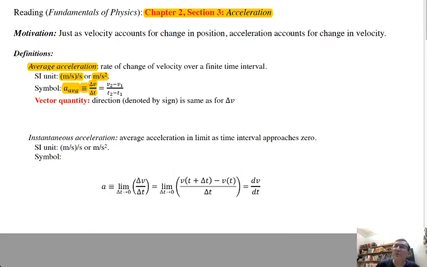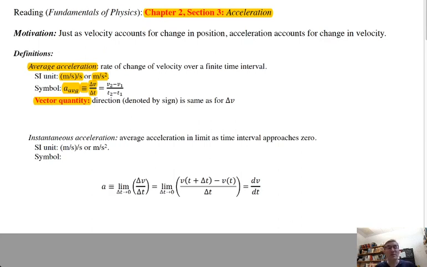So the numerator V2 minus V1 is the change in the velocity, and the denominator T2 minus T1 is the change in time. Average acceleration, like average velocity, is a vector quantity, which means it has a magnitude and a direction.